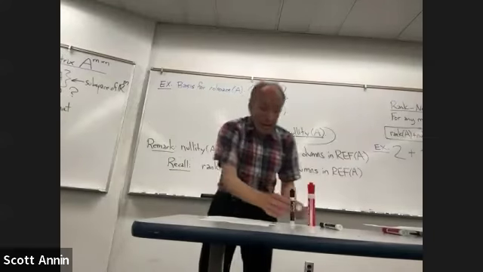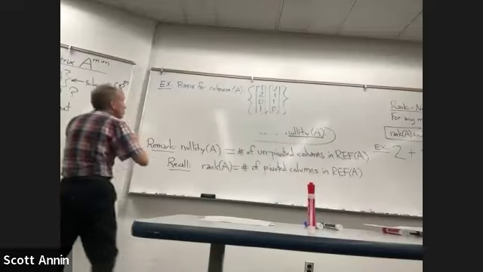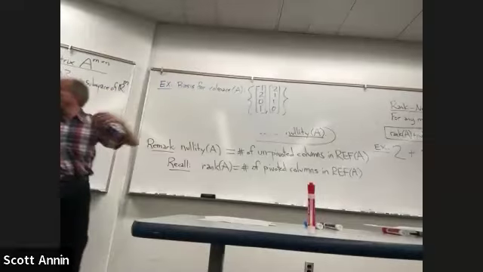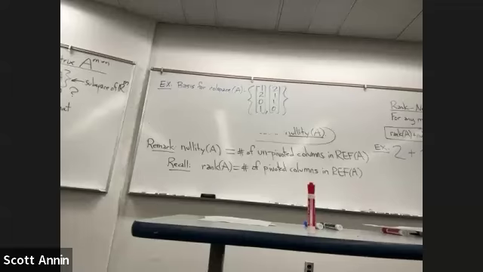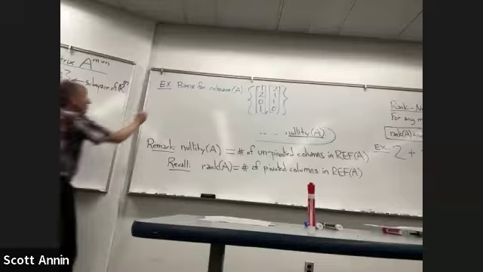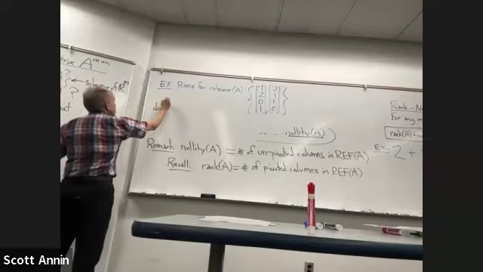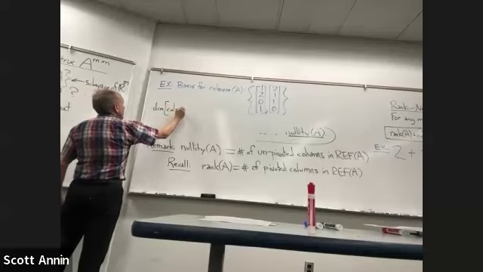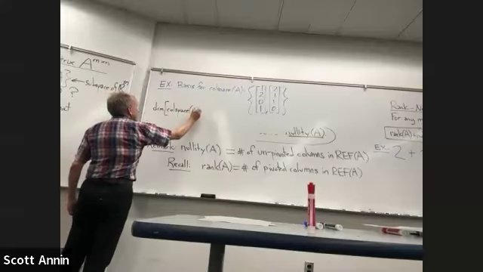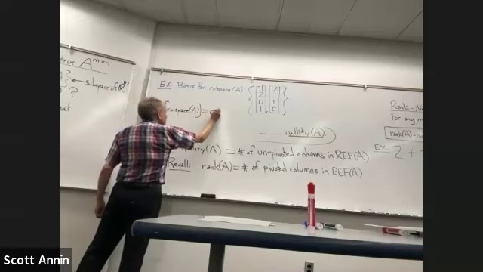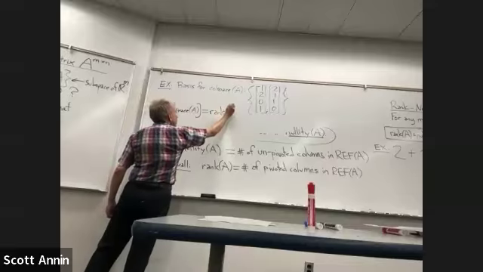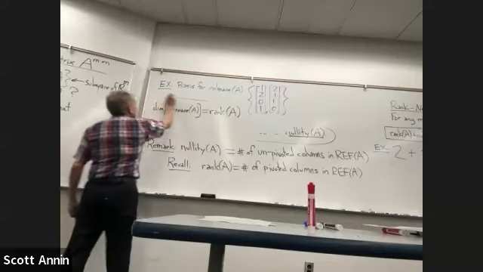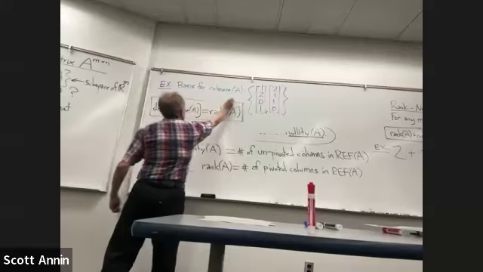Okay, and because you are choosing your basis vectors according to your pivots, the dimension of your column space is still the same as the number of pivots, which is the rank of the matrix.